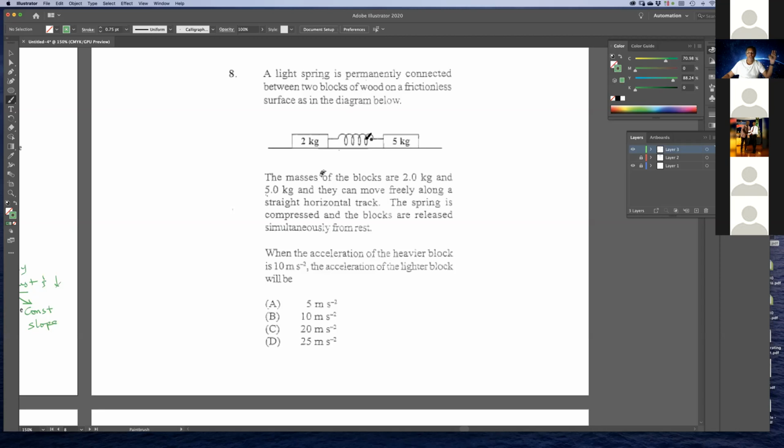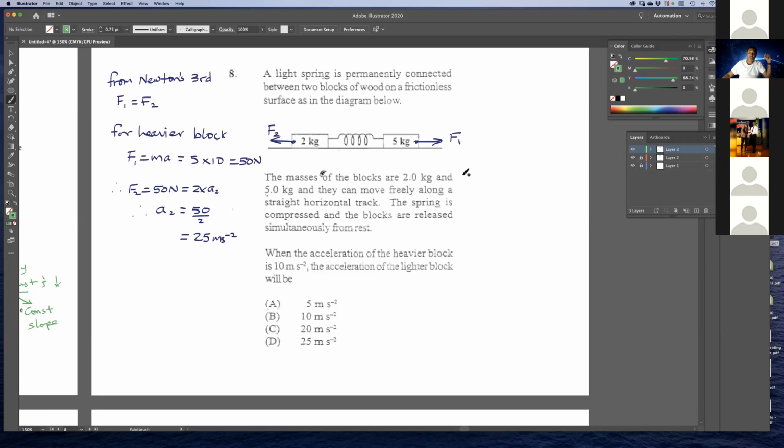And according to Newton's third law, if a body A exerts a force on body B, B must be exerting what? An equal and opposite force. So these 2 forces that the compressed spring would exert on the 5 and the 2 kilogram objects would be equal and opposite. And therefore, that being the basis of the solution, this is the remainder of the solution. From Newton's third law, F1 must be equal to F2, because when the spring is compressed, it'll be pushing off on both of them.